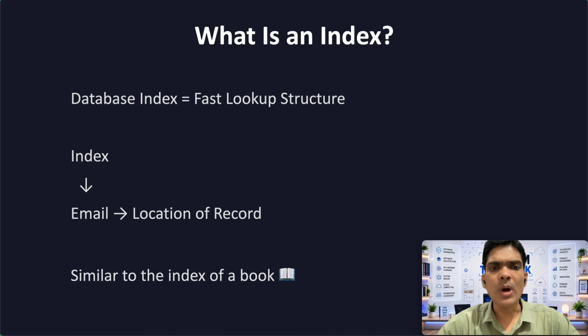Imagine you have a 500 page technical book and you want to find a particular topic. Instead of reading all 500 pages, you go to the index, find the topic, and jump directly to the relevant page. A database index works on a similar principle. It provides the database with a much faster way to scan and locate the required data.